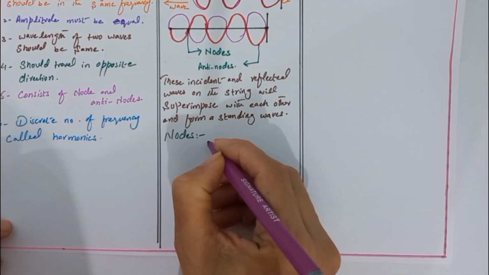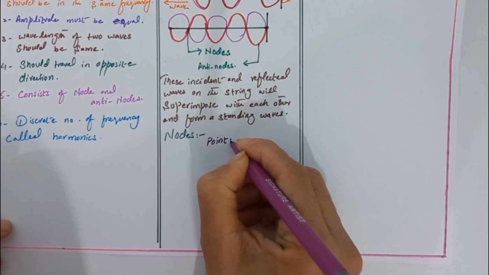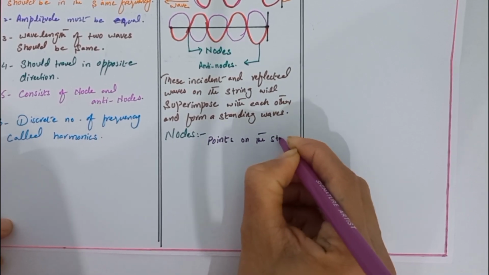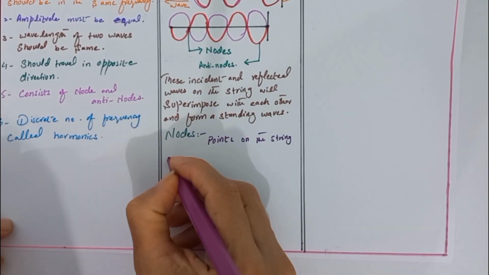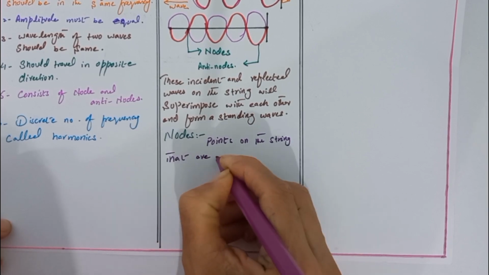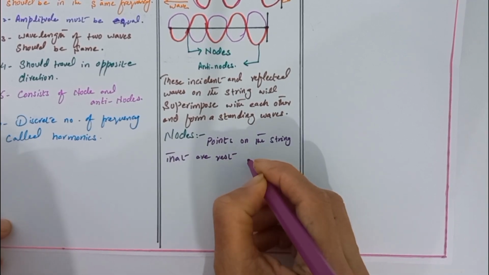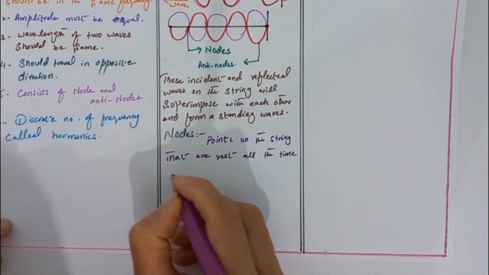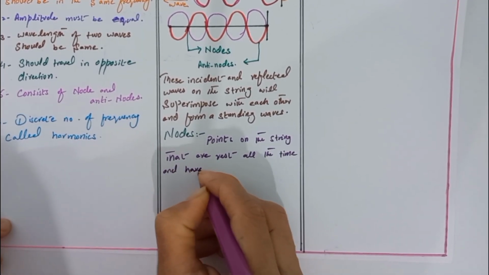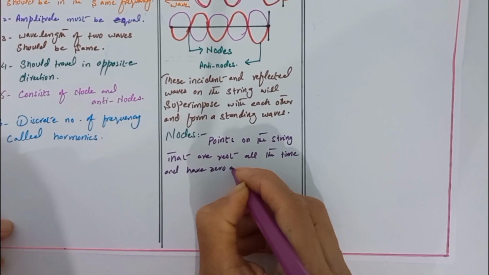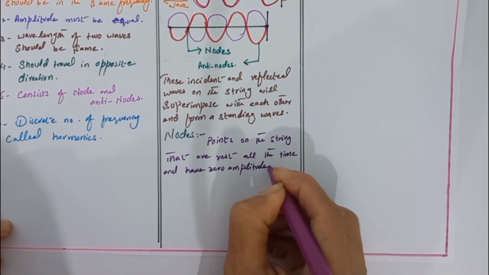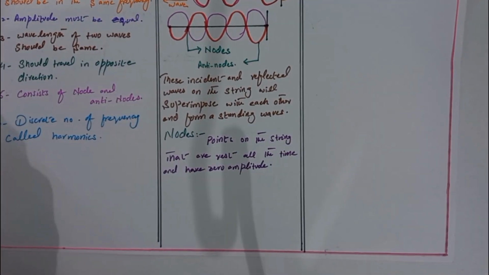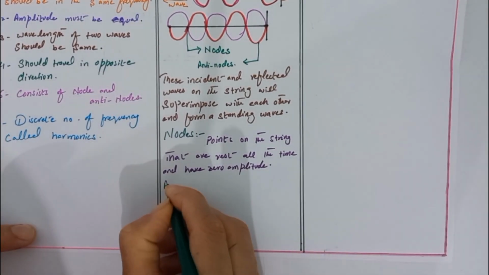Nodes are points on the string that are at rest all the time and have zero amplitude.